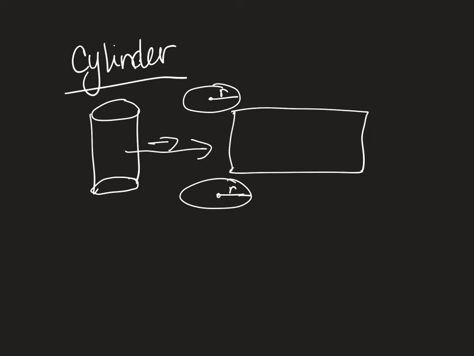Therefore, the lateral area formula is this: 2 times pi times radius times height.